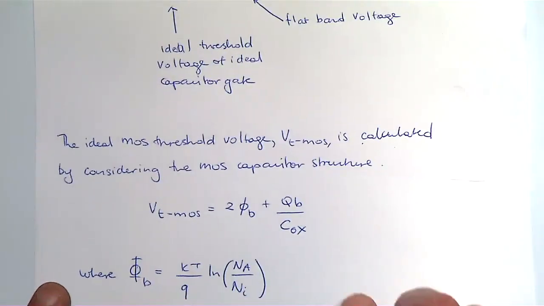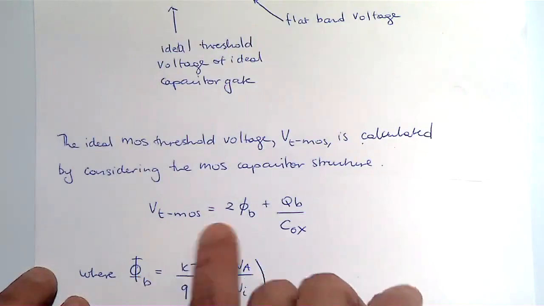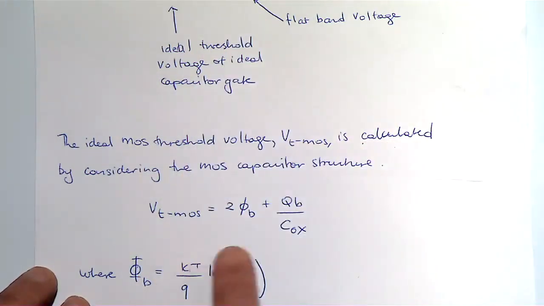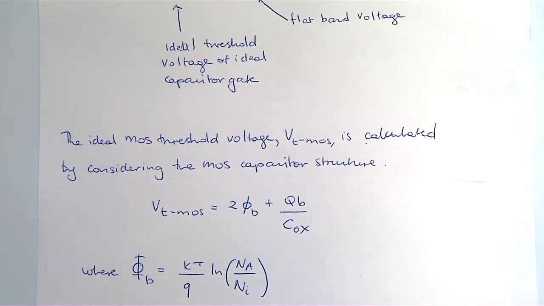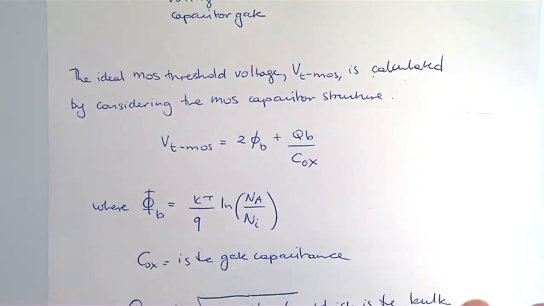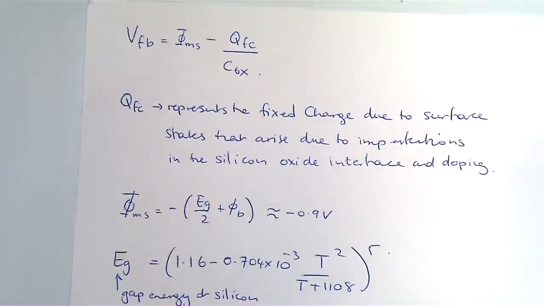And what you can show is that this ideal threshold voltage can be written in terms of Boltzmann's constant, temperature, electron charge, and the log of the acceptor versus the intrinsic concentration of carriers in silicon. C is the C oxide, the capacitance of the oxide, and then you're able to work out what you would expect your threshold voltage to be.